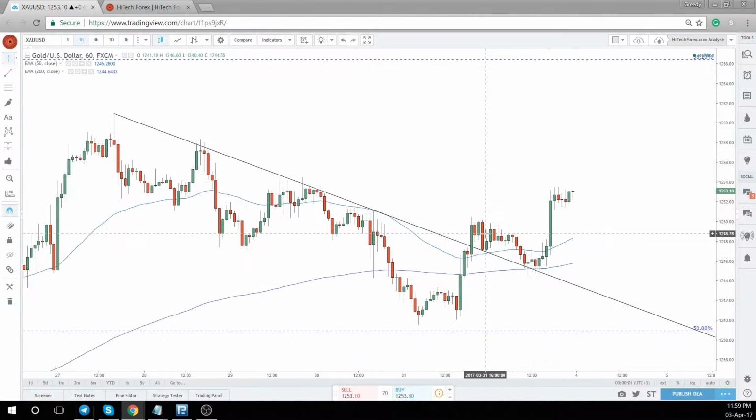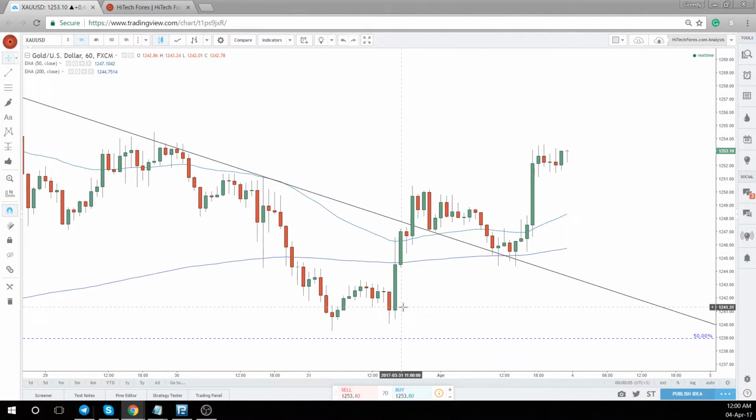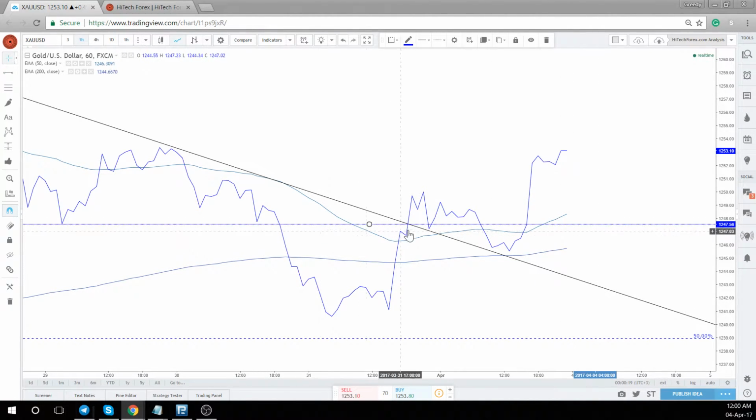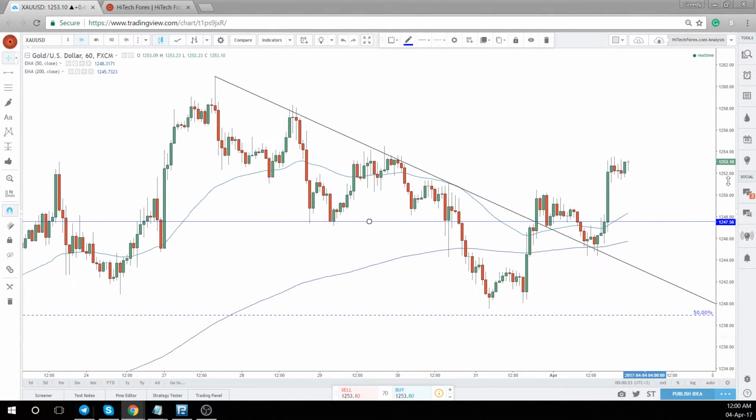I also teach how to draw the trend lines my way. I'm not saying it's correct or incorrect, but this is something that works for me. That's all I'm saying. And we have a breakout at this level of the trend line. So I'm going to put it there. We're going back to the candlestick chart.